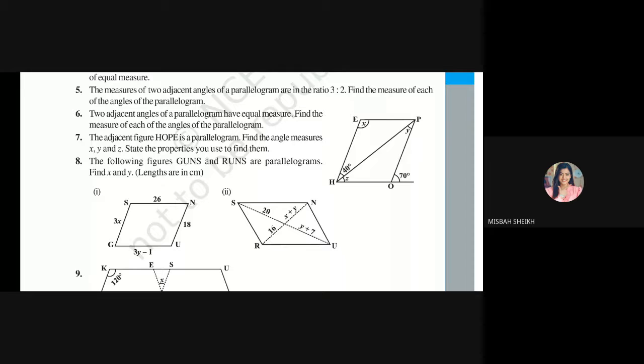Okay, see the figure. The adjacent figure HOPE is a parallelogram. Find the angle measures x, y, z. State the properties you use to find them.